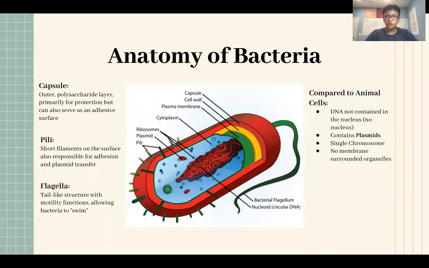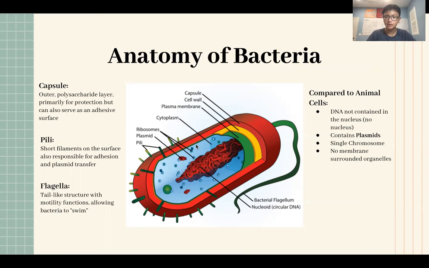So a bit of an introduction on the anatomy of the bacteria. There are some basic structures. The capsule is just the outer layer of the bacteria, which is a polysaccharide layer. I'll explain the differences in the capsule structure for different types of bacteria, but essentially it consists of a polysaccharide that serves for protection.